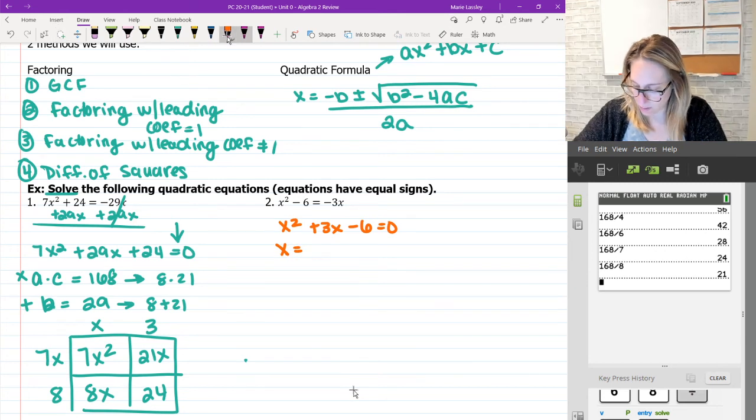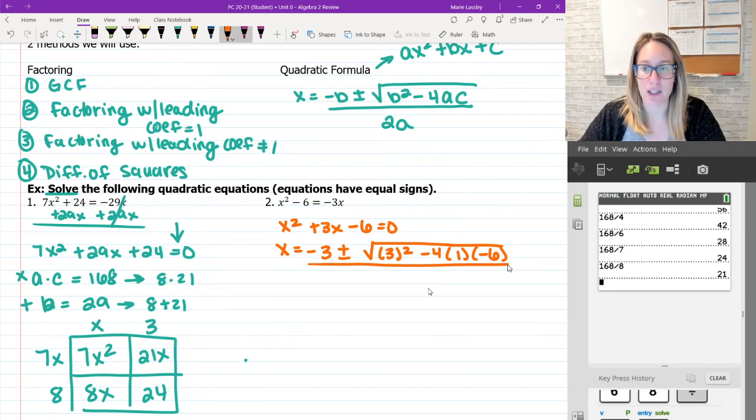All right, so -b, so my b is my 3, so -3 plus or minus the square root of b squared minus 4 times a, which is 1, times c, which is -6. Be careful about dropping negatives because you will get the wrong answer. All divided by 2 times a, which is 1.